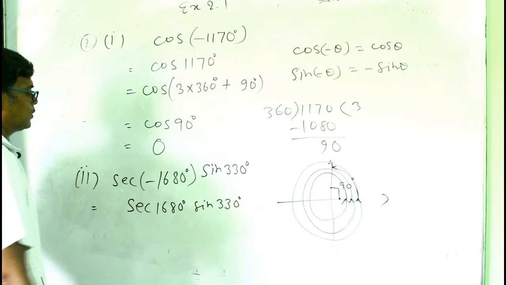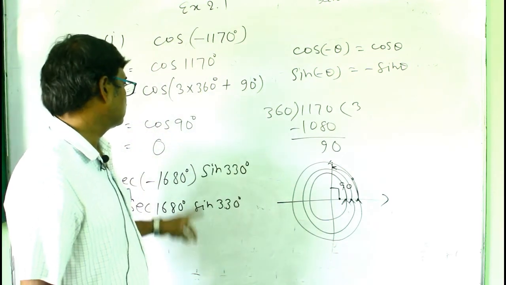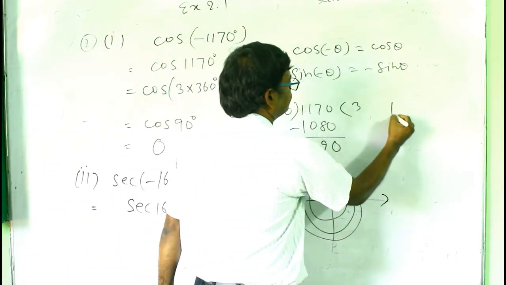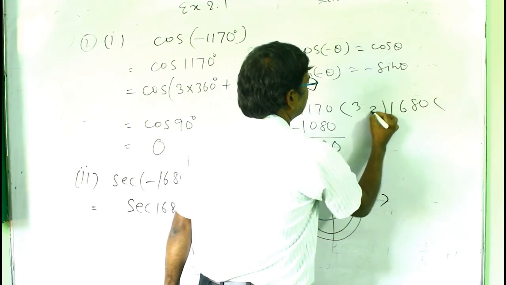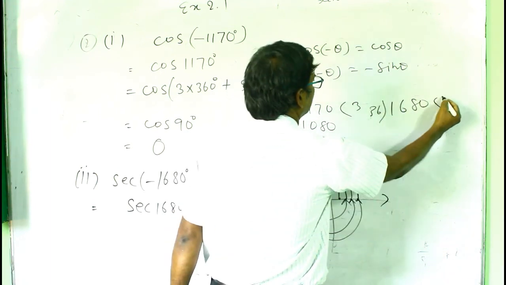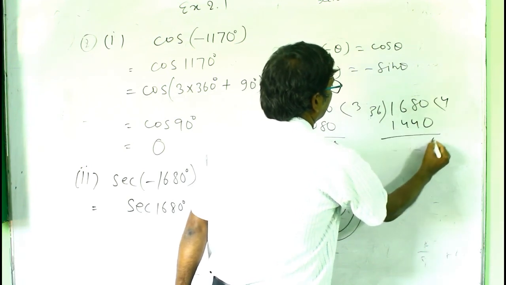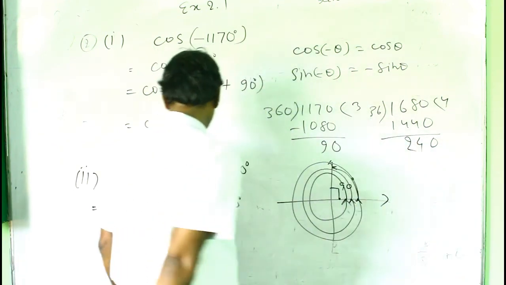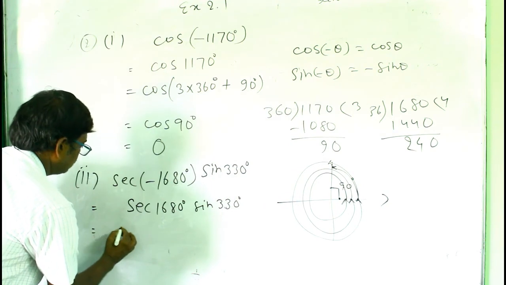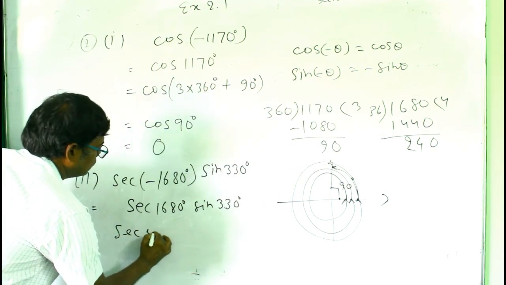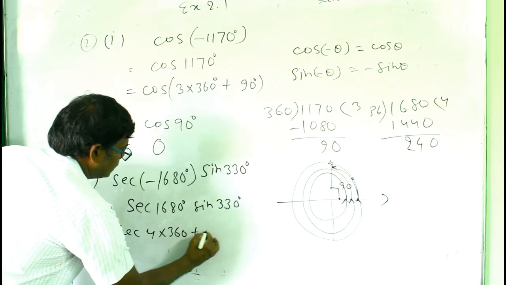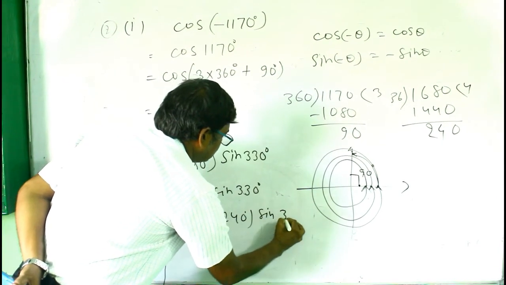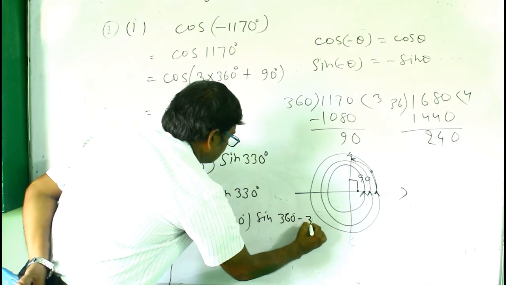Now first we have to simplify this, that is, express them as multiples of 360. How many times will it be? Now see it is 1680. If you divide this number by 360, you get 4 and a remainder of 240. So this is equal to sec of 4 into 360 plus 240 degree, and here sine of 360 degree minus 30 degree.